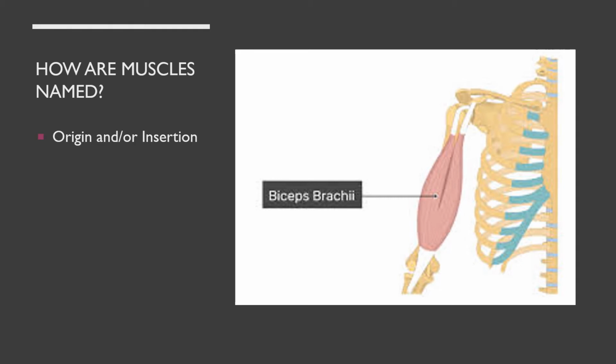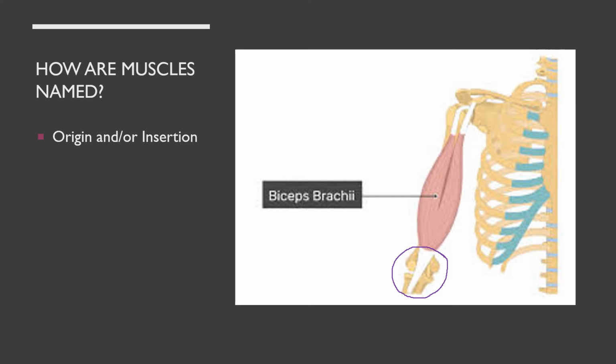In this case, we're looking at a muscle in the arm called the biceps brachii. You probably know it as the biceps. What I want to point out is that this muscle goes across and attaches right here at the inside of your elbow joint. We call that area the brachial area.